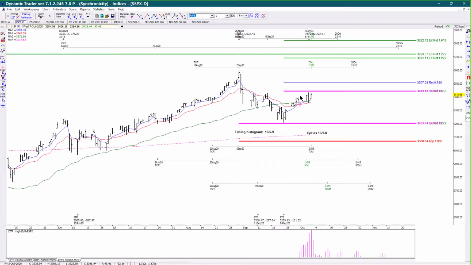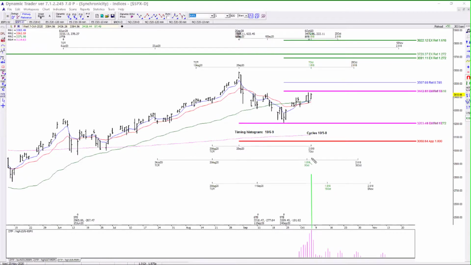The area of the 618 retracement also overlaps a 1618 extension. So right now, we have timing factors and we have price. And this becomes a higher probability decision when both time and price come together. Great example, as a matter of fact.